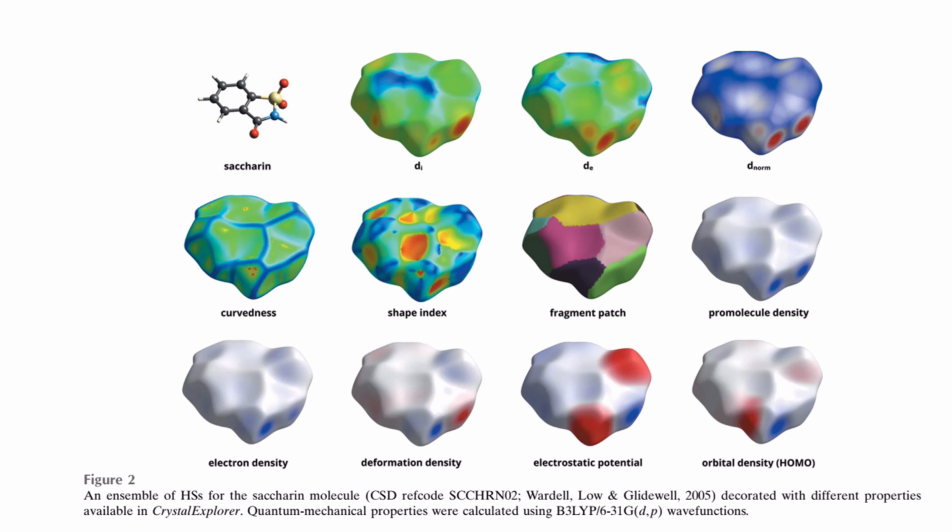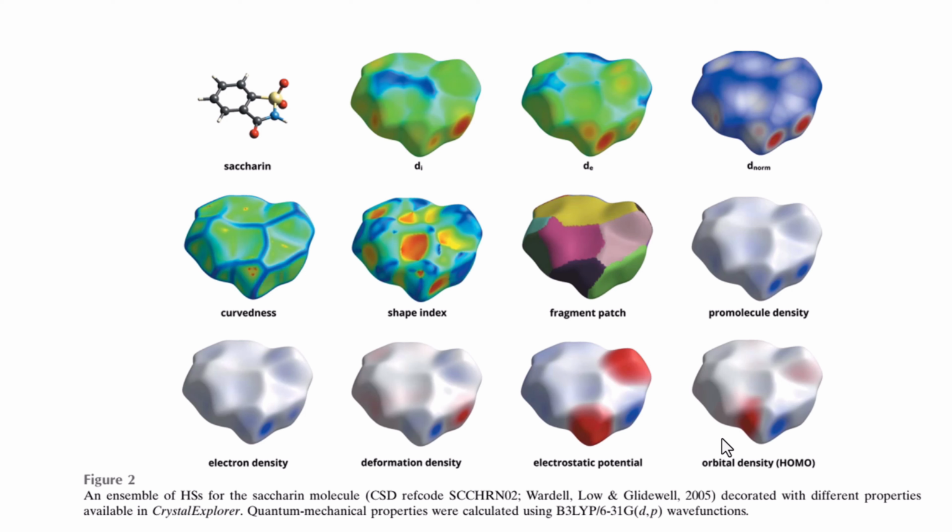Actually, in the saccharine molecule, the Hirshfeld surface is mapped with pro-molecule density, electron density, deformation density, electrostatic potential, and finally orbital density.